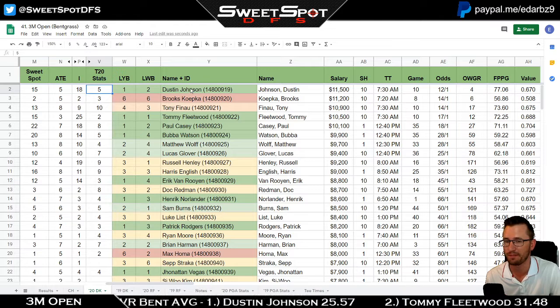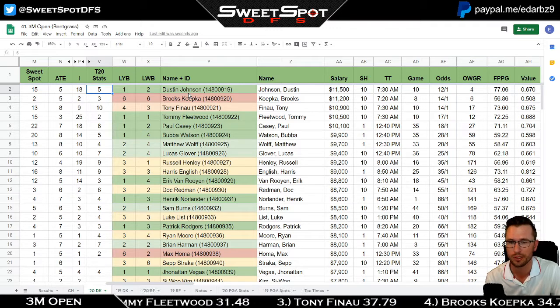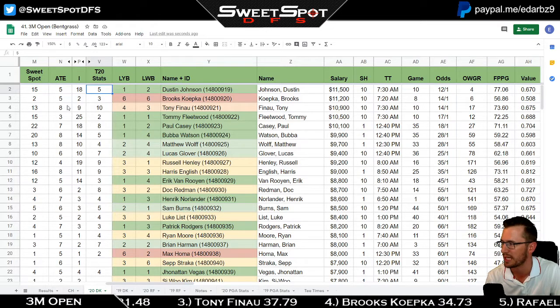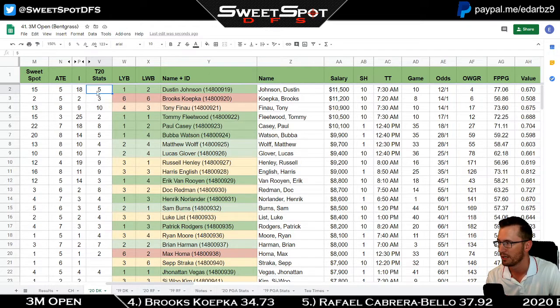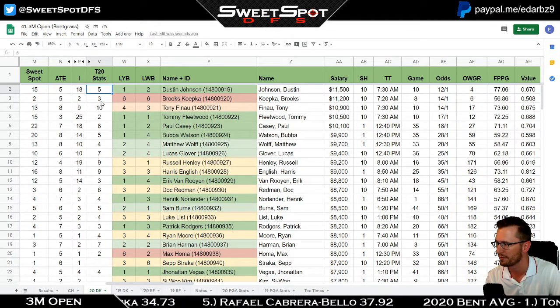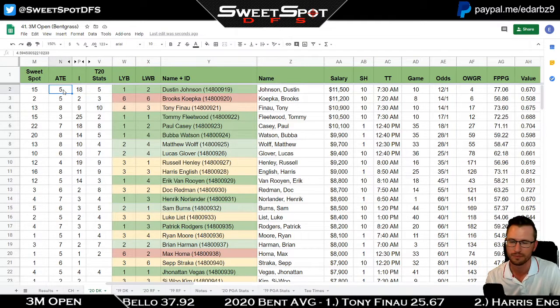Dustin has 5 top 20 stats in this field, and it's top 20 just based in this field. It's not top 20 on tour. It's not top 20 in the world. It's just top 20 in this field. So he's got 5 of those stats. So all things equal, 5 divided into this number is going to get me 5.